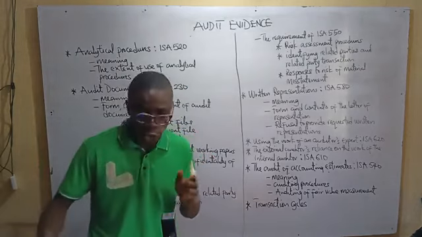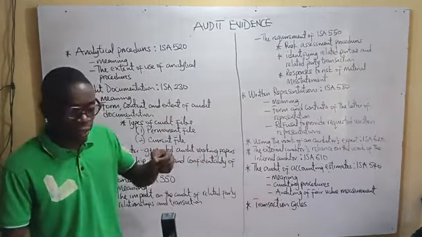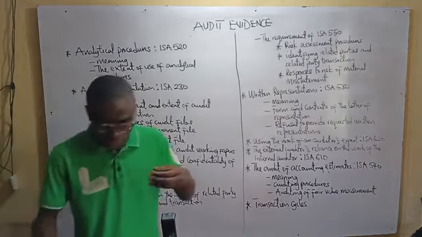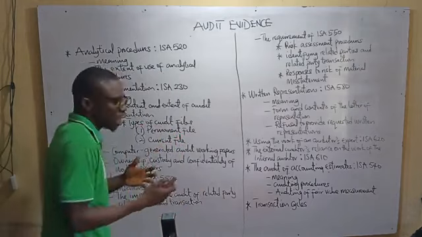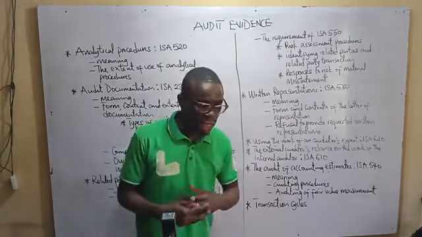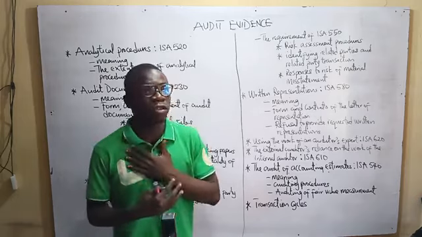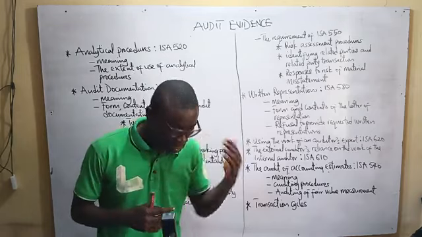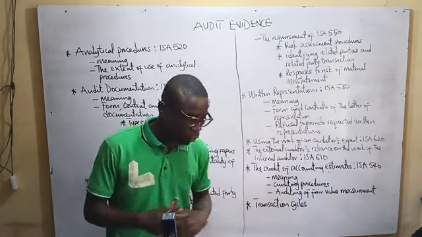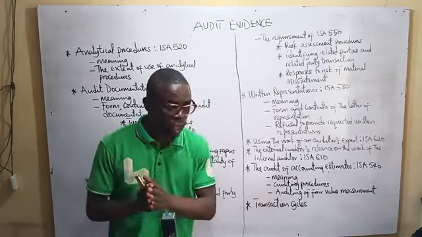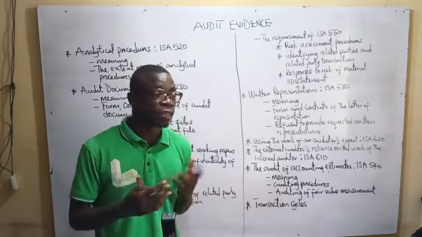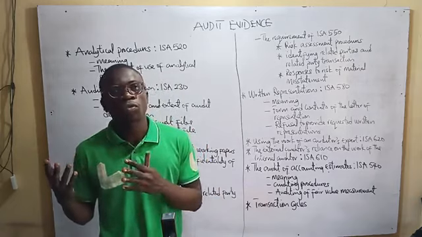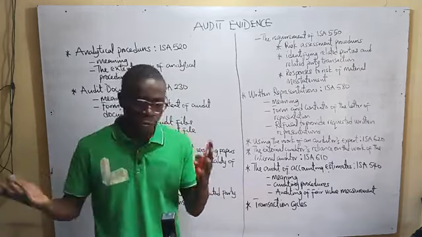That means if there is material misstatement now, am I communicating? What are you expecting? Let's imagine I'm carrying out trend analysis on the revenue. Let's say, like I explained, they made 3 million in the last year. Now this year they are making 200 million.